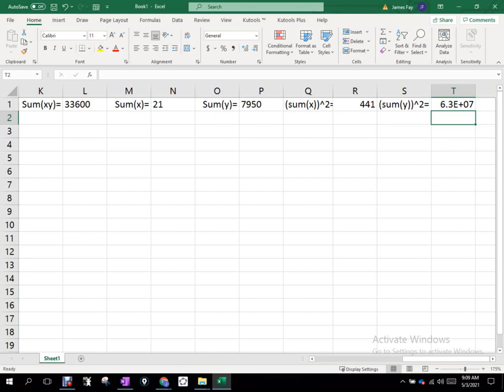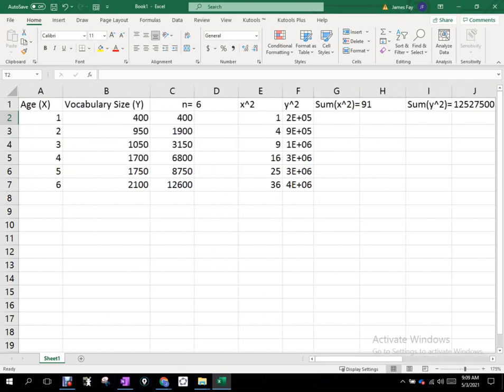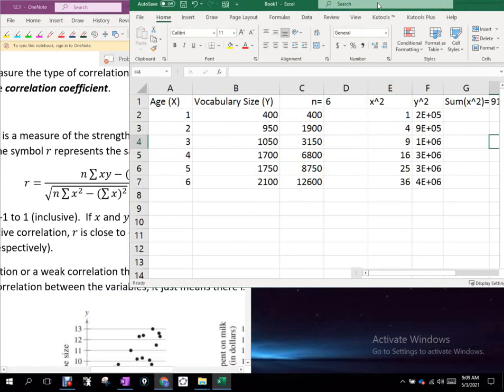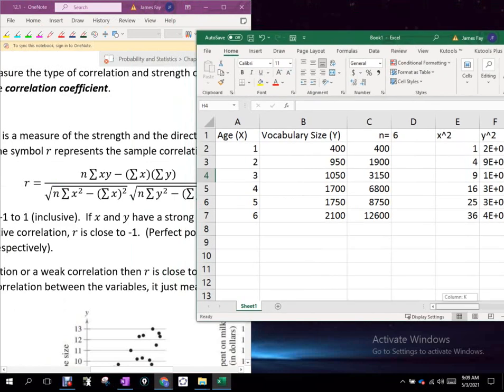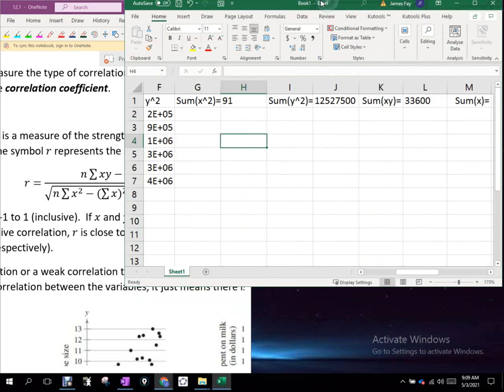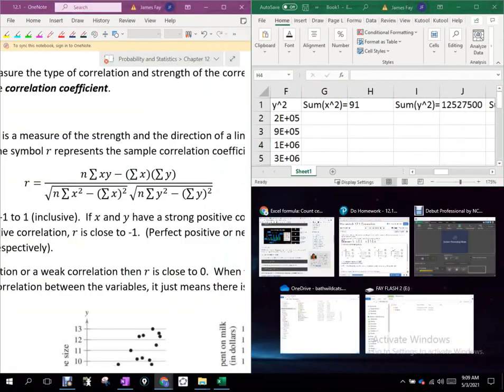Okay? All right, so now what I want to do is actually build the formula. Okay, so we've got all the small components to the formula. Now we need to build the formula. I'm going to put the formula to the side here so we can see it.